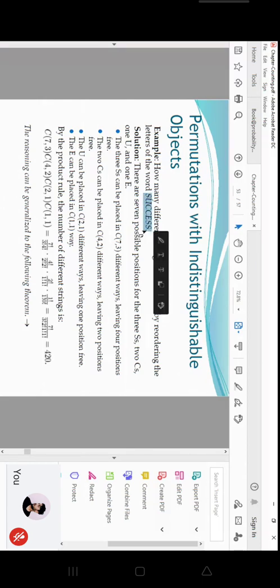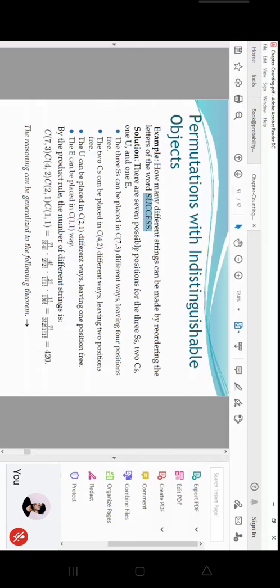These are very common aptitude questions, which most probably you have seen during pre-placement. Here you can categorize how many indistinguishable objects there are. So how many letters are there, that is, the unique letters: S, U, C, E, S.